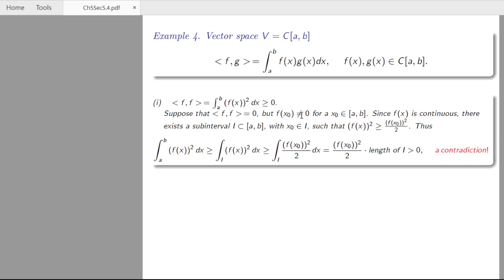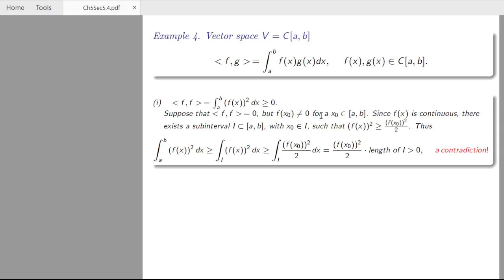Then we are going to get a contradiction. So the idea here is this: if this operation between f and f equals 0, but there is a value x0 inside the interval from a to b whose value is not 0.